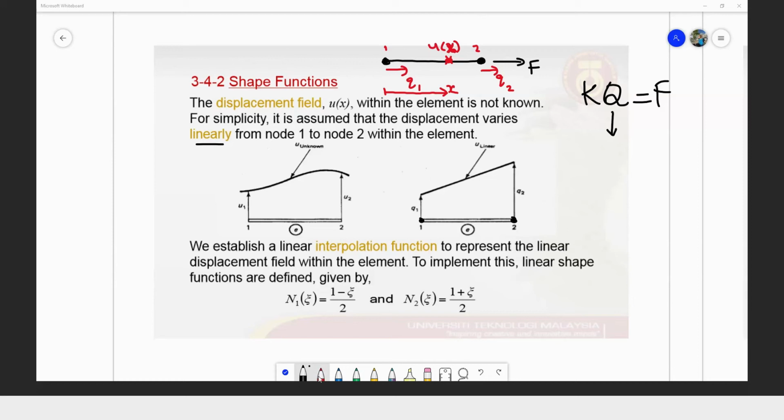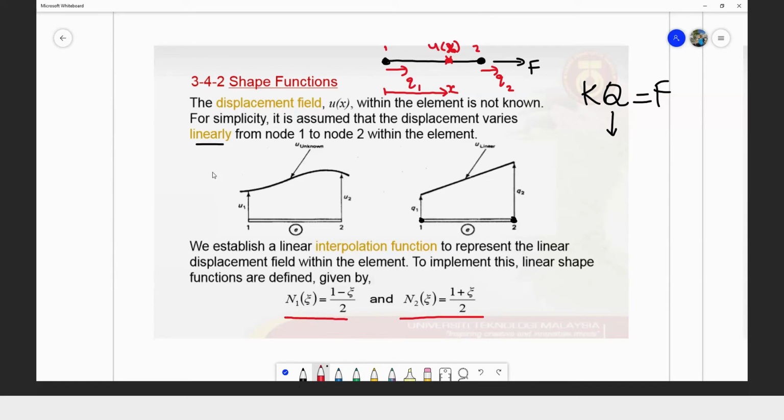Alright. To represent the linear displacement field within the elements, the shape functions for the linear interpolation are given by n1 and also n2. So kalau kita tengok dalam n1 ni, kita ada term z, 1 minus z over 2 for n1, and 1 plus z over 2 for n2.